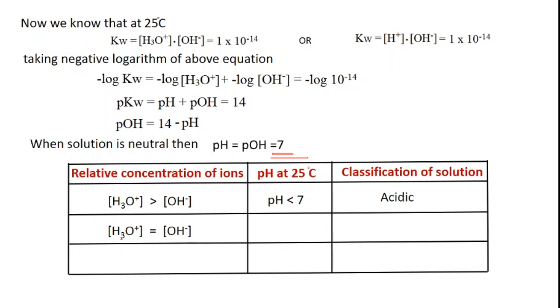When concentration of H3O plus and concentration of OH minus ion are equal, the pH will be 7 and the solution is considered neutral. And in another situation where concentration of H3O plus is less than concentration of OH minus, then pH will be greater than 7 and the solution is considered basic.